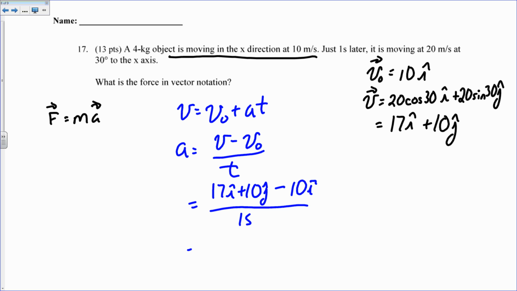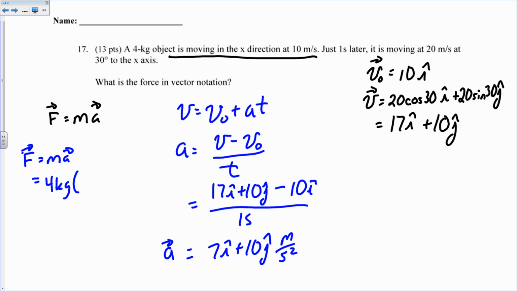So it's 7i plus 10j. It is my acceleration. And so if I want to know force, I just multiply that times mass. The mass is 4 times 7i plus 10j. So that is 28i plus 40j. That's in newtons.